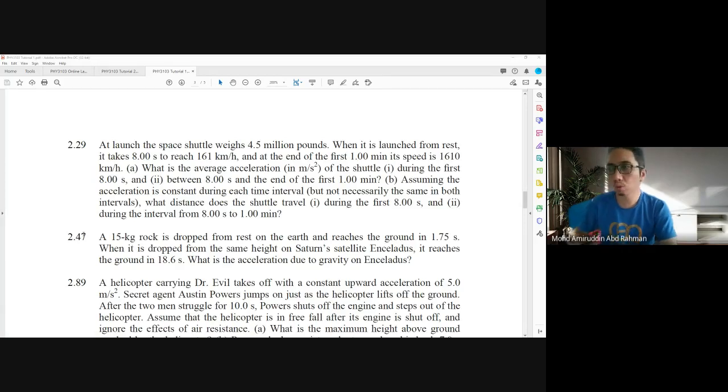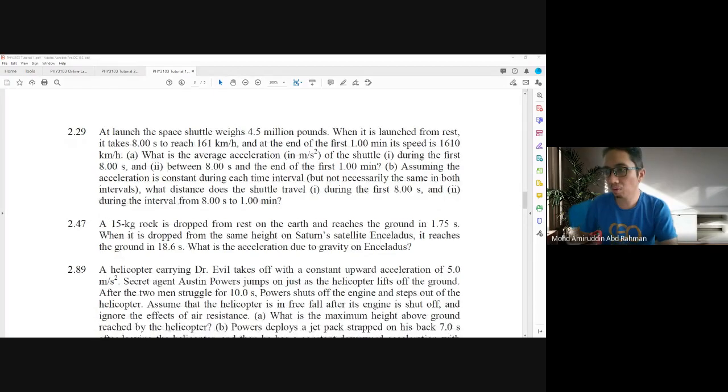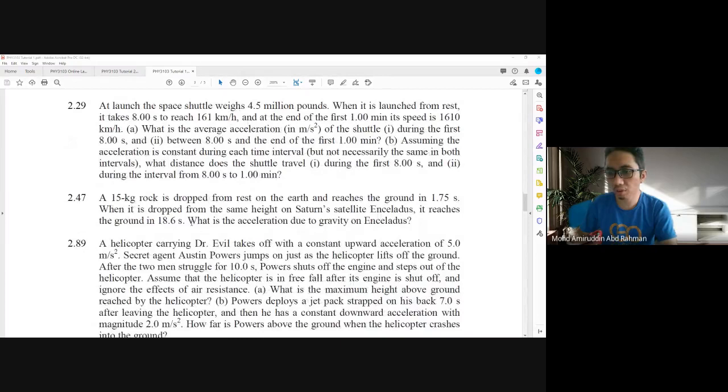All right, so we will discuss the problem 2.47. In 2.47, we have a 15-kilogram rock dropped from rest on the earth that reaches the ground in 1.75 seconds.